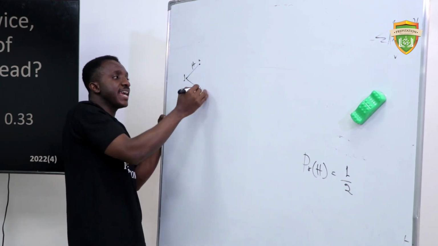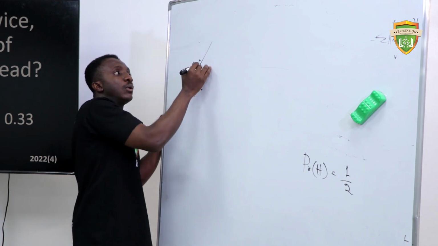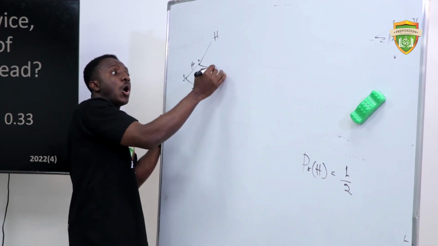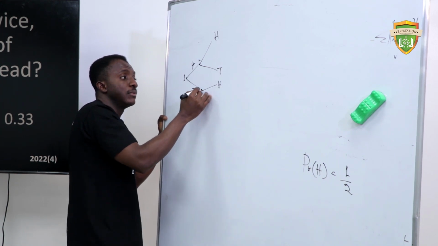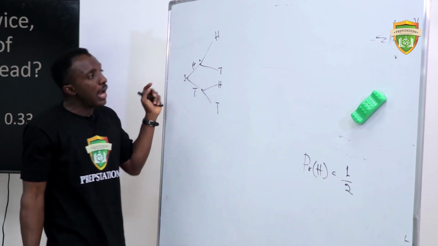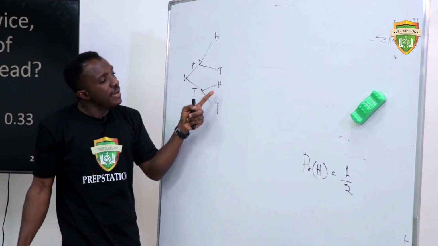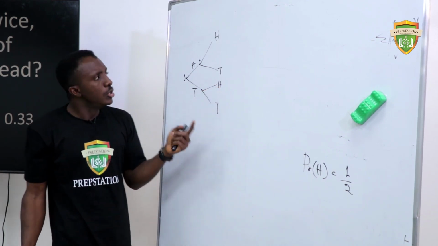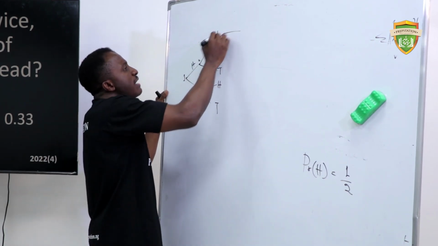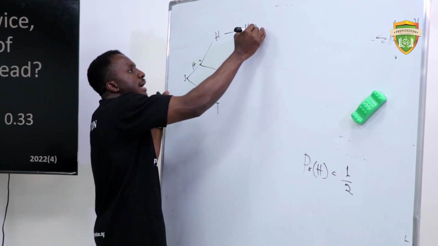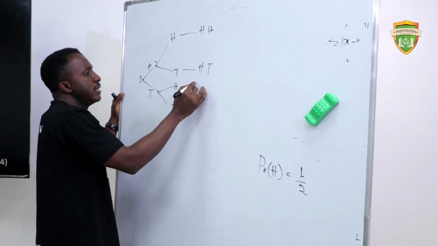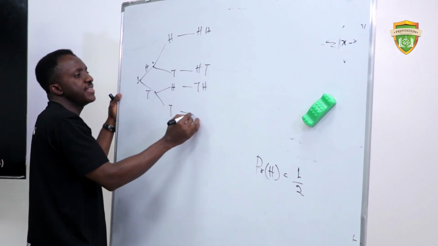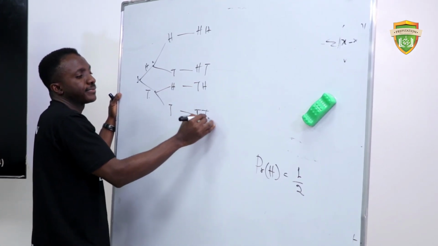Now if we toss again, the second time, we get a head or a tail. Now that leaves us with how many outcomes? 4 outcomes. So let's see, what is the combination of outcomes you have here? Head, head, here, head, tail, here, tail, head, and then here we have tail, tail.